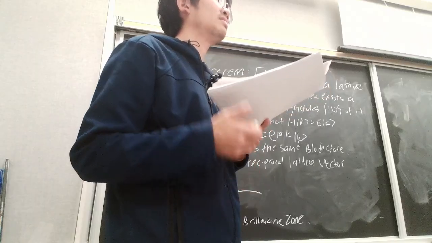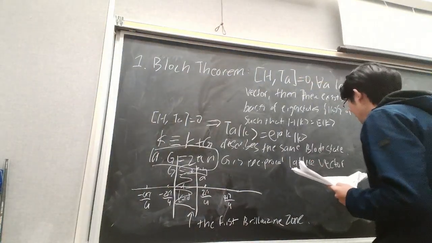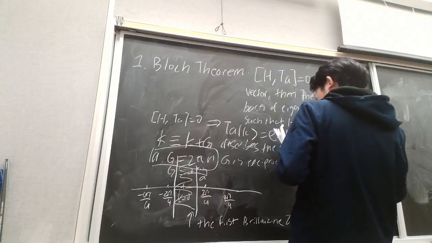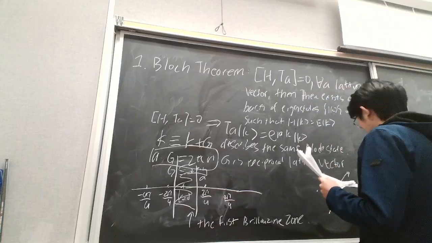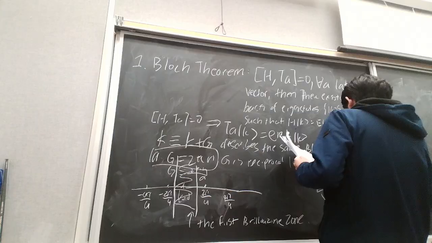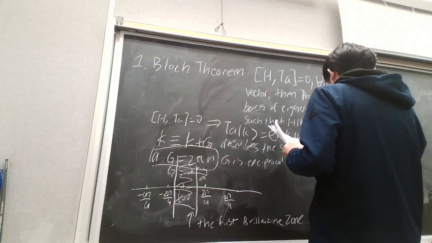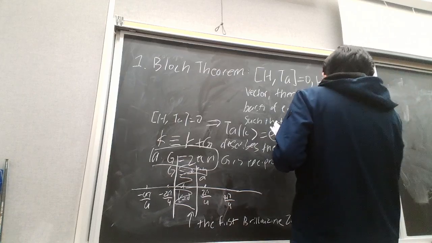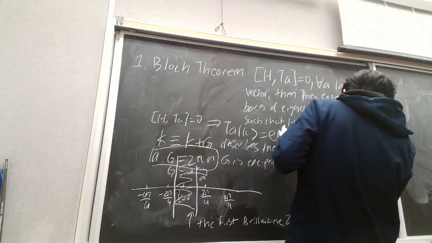Okay. And then also for the triangular lattice, it's the same idea. If I have these lattice points here and here, you take the perpendicular bisector of this, and then from here to here you go like this, and then from here to here you go like this, and then from here to here you go like this.